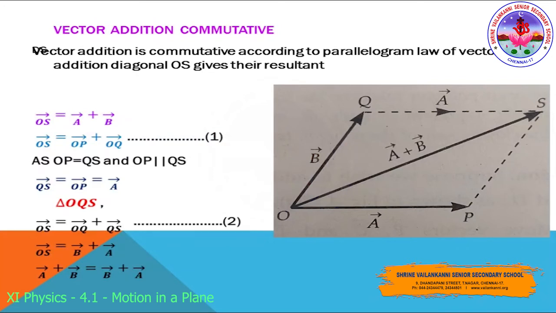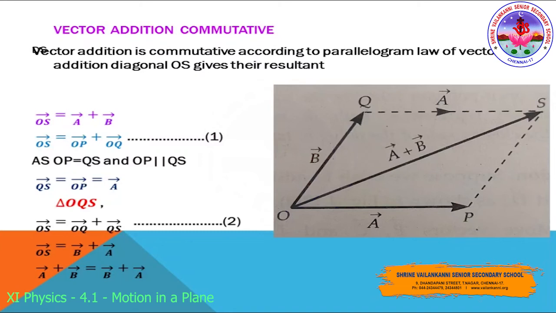We can take this as the first equation. OP is equal to QS, since they are parallel sides. So QS is equal to OP, which is equal to A. Is it right? By using the triangular law of vector addition in the triangle OQS, see the triangle OQS, OQ plus QS is equal to OS.